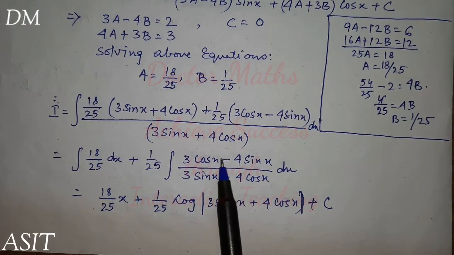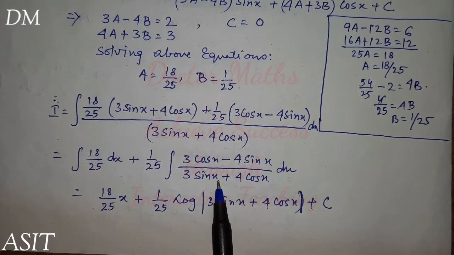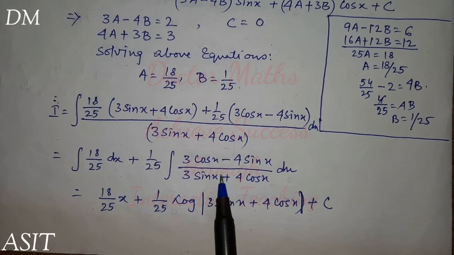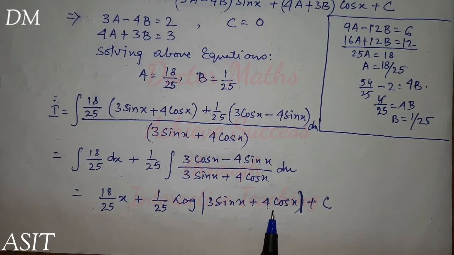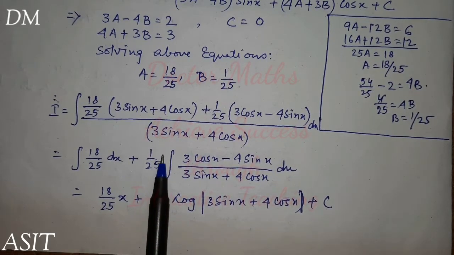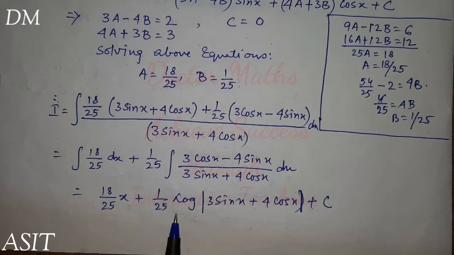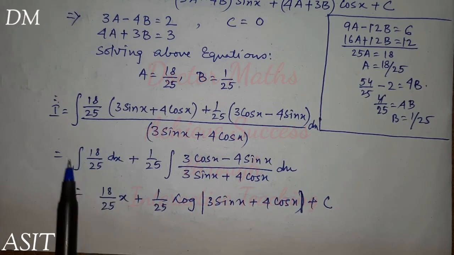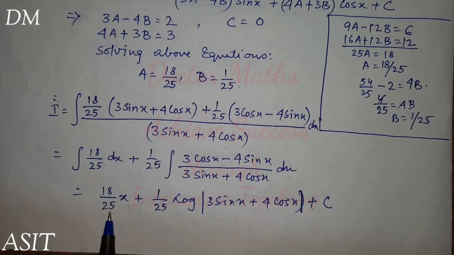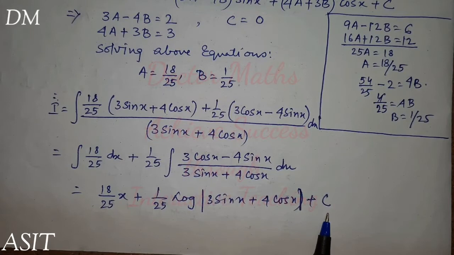That means it is of the form f dash x by f x, and the integration of f dash x by f x is log mod f x. So here we have log mod 3 sin x plus 4 cos x with the coefficient 1 by 25, and the integration of the other term is 18x by 25 plus c.